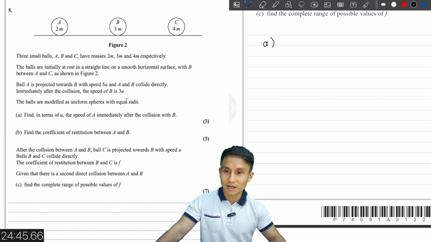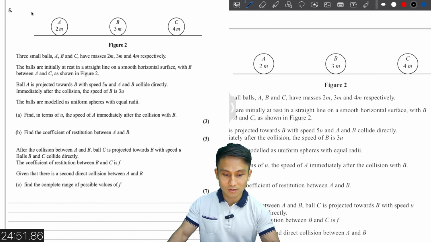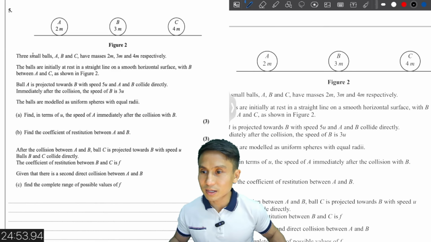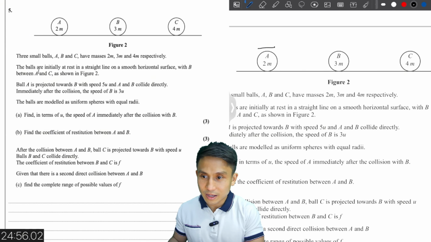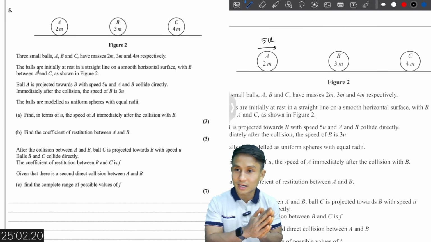Okay, I'm going to draw on the diagram here. This is A being 5u towards B.